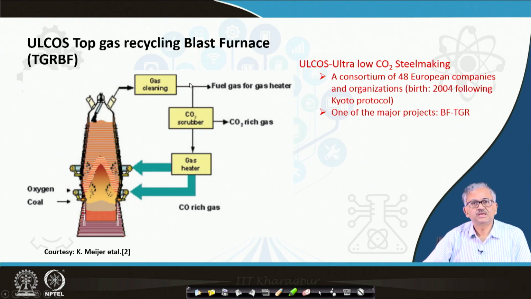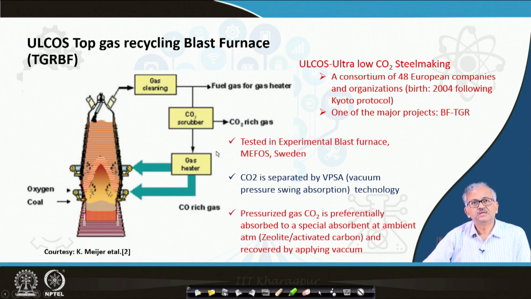For the rest of the gas, you take the CO2 out, making a CO2 rich gas, and the other gas, the CO rich gas, comes here, and through a gas heater you can heat it, and you can purge it through two locations, either in the shaft, called the shaft tuyere, or through the hot tuyere, the conventional tuyere location. And one thing you can see here, we can inject oxygen in place of air, and coal is injected, and it has been tested in the experimental blast furnace at Luleå, Sweden.